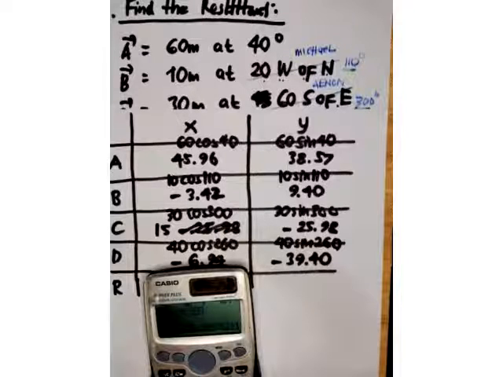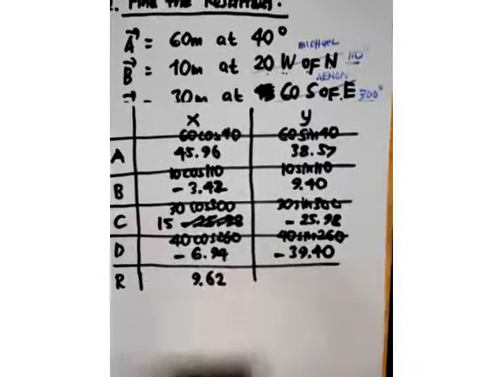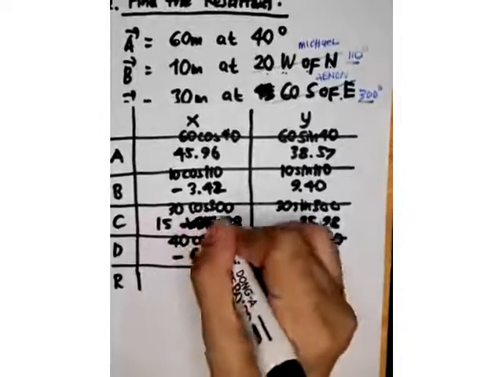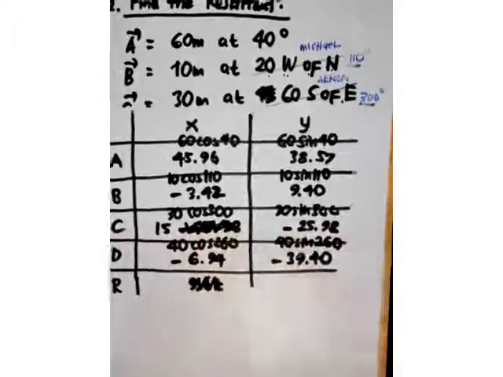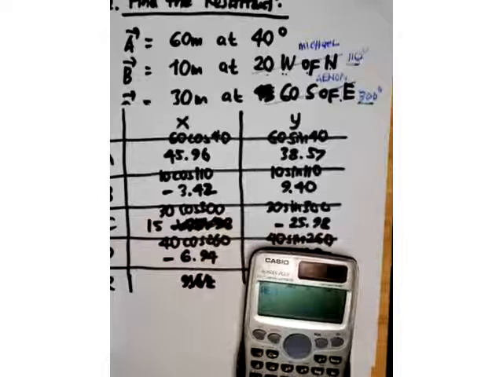Ayan. So it's negative 25. Okay. And then we add. So we add all of them. So ibig sabihin mali ito. So that's 45.96 minus 3.42 plus 15 minus 6.94.